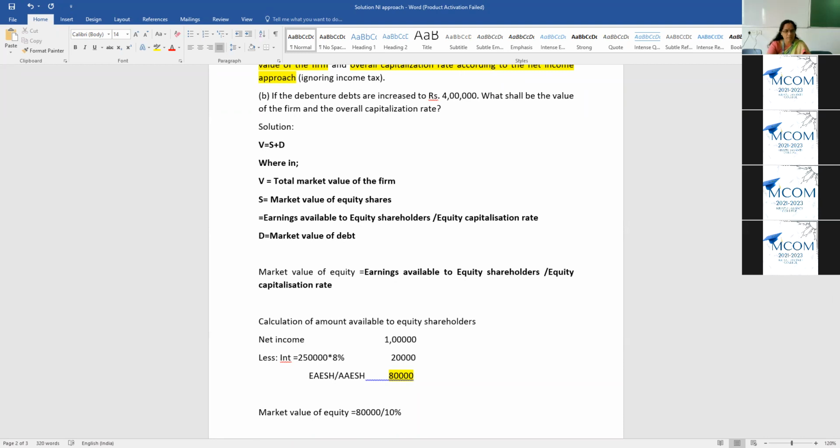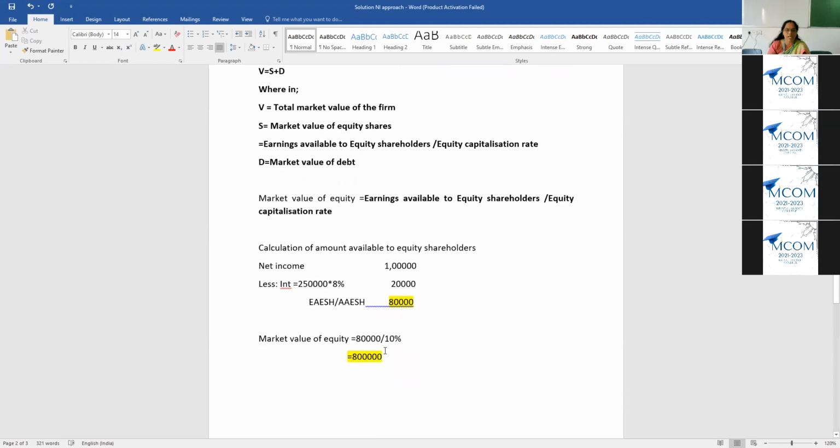That will give you 80,000 divided by 10 into 100. I want authentication from somebody else. 8 lakh, ma'am. So market value of equity is 8 lakh.